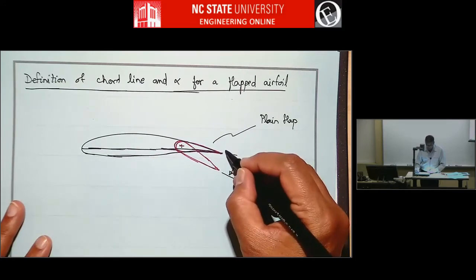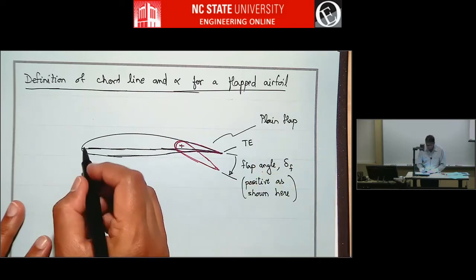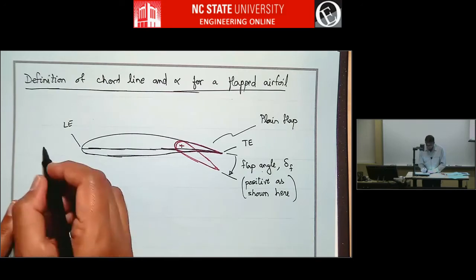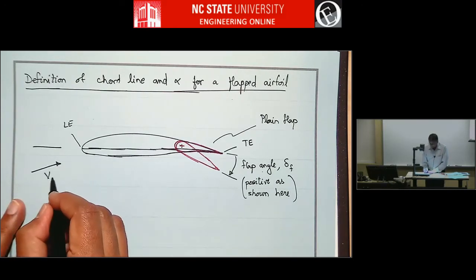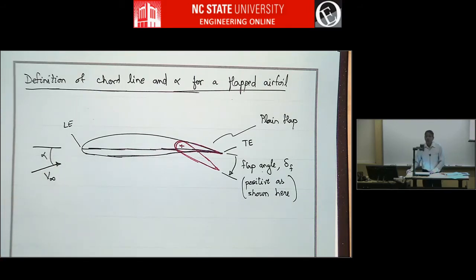And this is the trailing edge of the undeflected airfoil, and this is the leading edge. Let's say the free stream velocity vector is this, and this is the angle of attack. So now the question is, when you deflect the flap, the trailing edge becomes this, right?